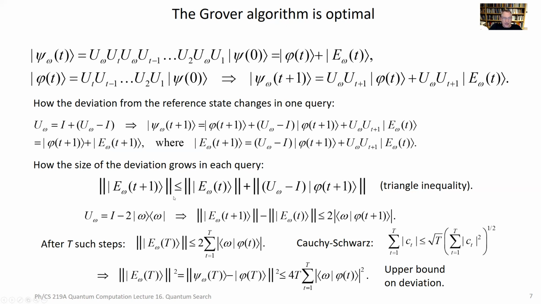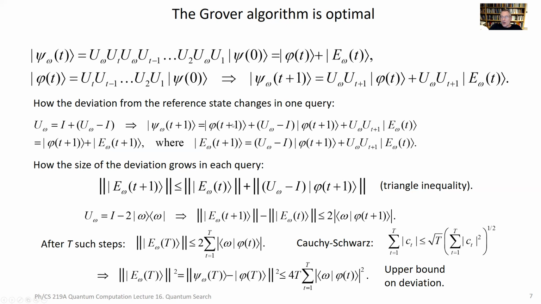So what I have here for my bound on the difference between the deviation after t+1 steps and the deviation at t steps is 2 times the absolute value of this inner product of omega with phi t+1. That's because I just plugged in what u omega is into this expression, the second term in the triangle inequality.